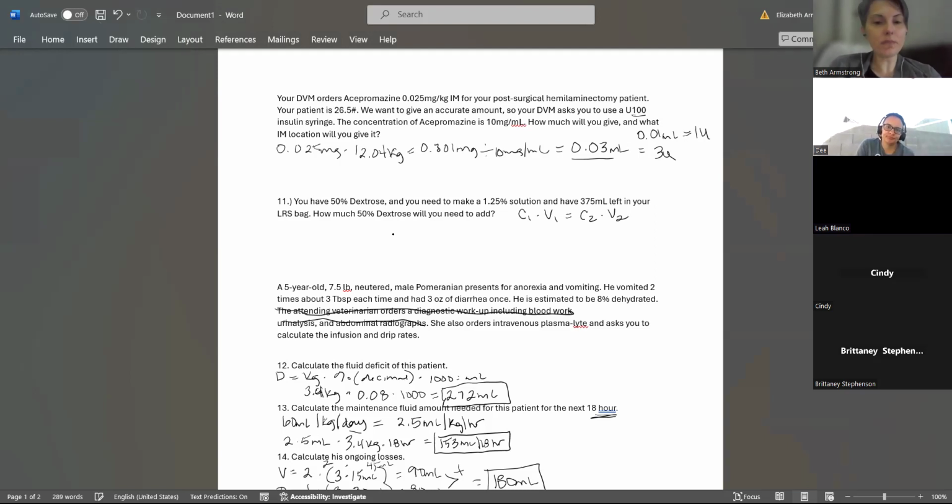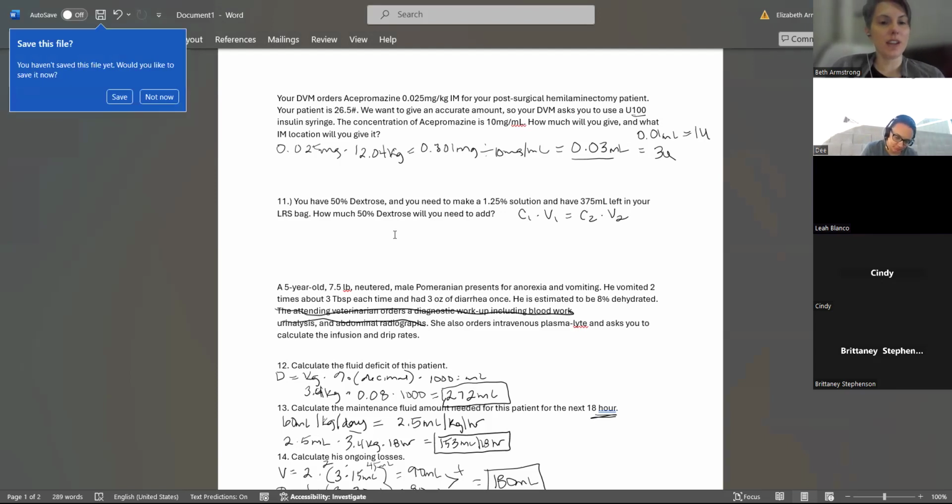Anytime we are making a new concentration from an already concentrated thing, that's our C1V1 equals C2V2. So if we have 50% dextrose and we need to make a 1.25% solution and we have 375 mLs left in our bag, how much 50% dextrose will we need to add?